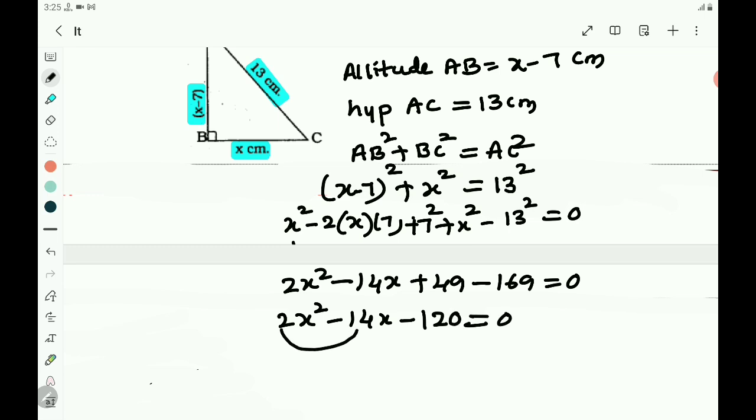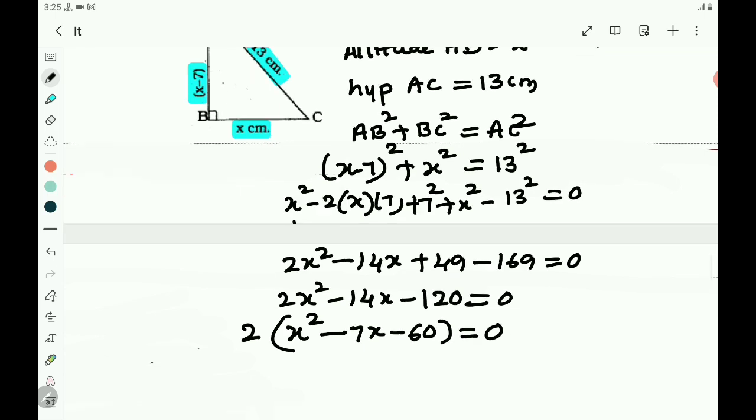Here 2, 14 and 120 are in the table of 2, so you can remove 2 as a common factor. Write 2 outside the bracket, and in the bracket x square is remaining, minus 14 divided by 2 is 7x, minus 120 divided by 2 is 60, equals 0.